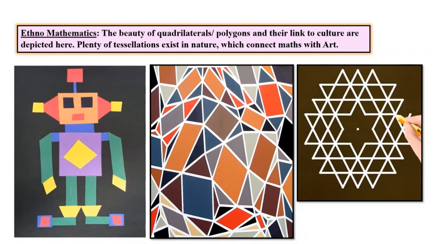What is this? Have you ever heard what ethnomathematics is? The beauty of the quadrilaterals and the polygons, they are all around us. We can see plenty of polygons in our real life. You must have already seen rangolis and collage art which have polygons, right?